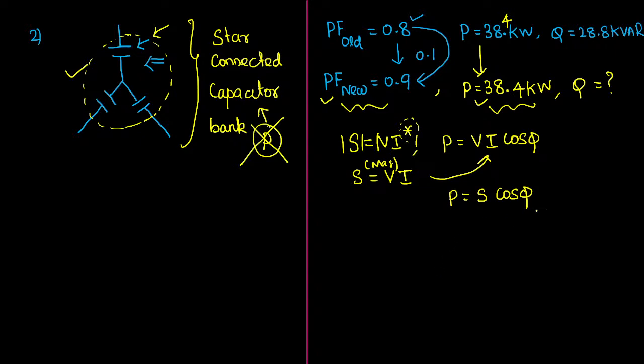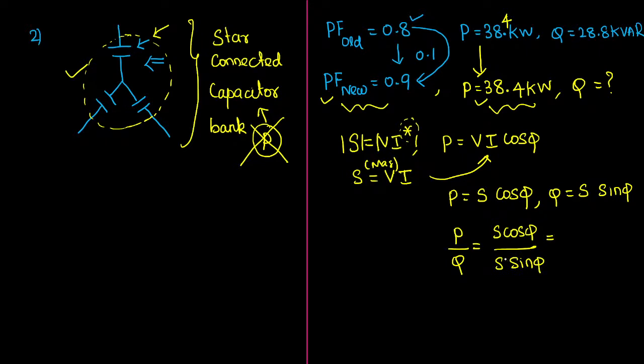This is the alternative way of writing the real power and reactive power. Similarly, reactive power Q is apparent power into sin phi. Now, if I take the ratio between real and reactive power, let's see what will happen. S into cos phi divided by S into sin phi. Can I write like this?